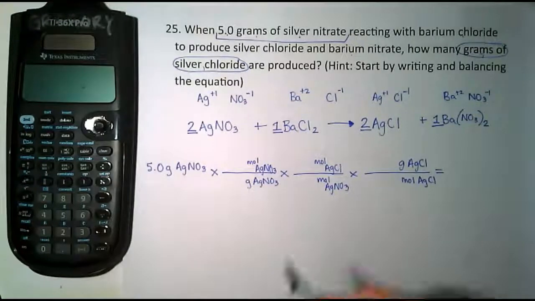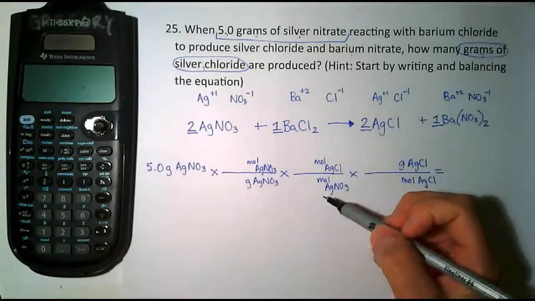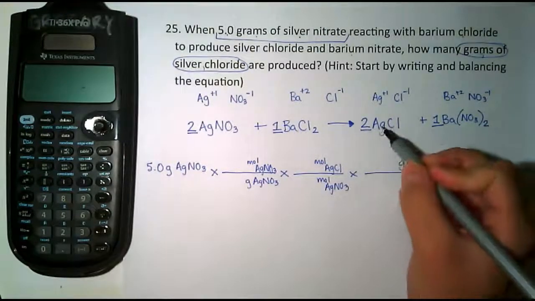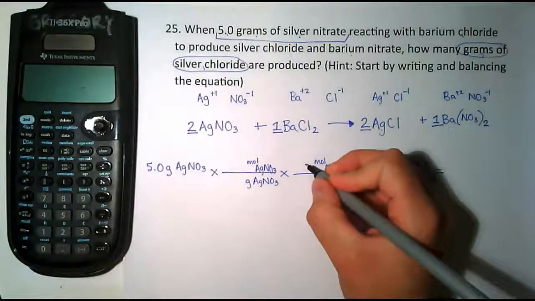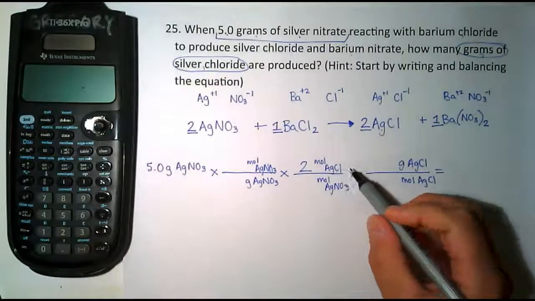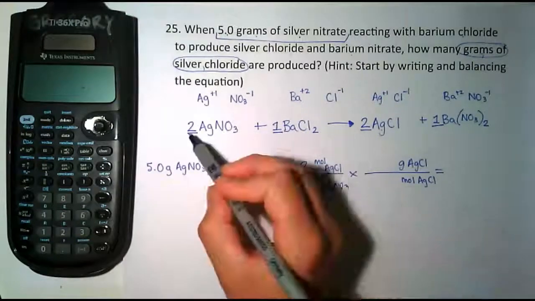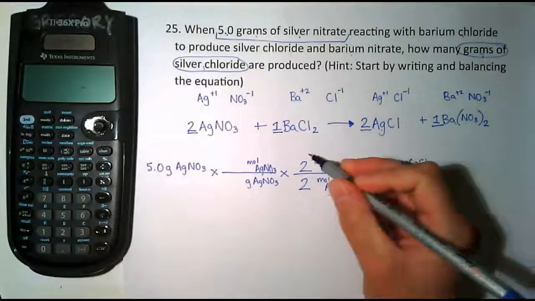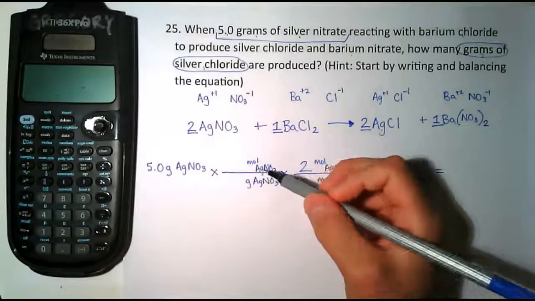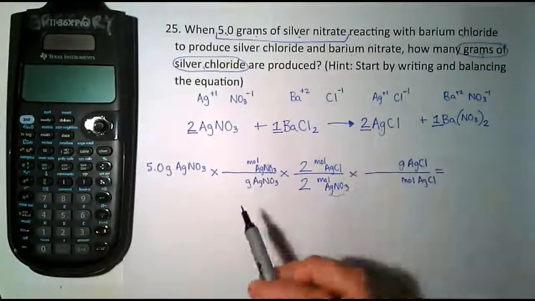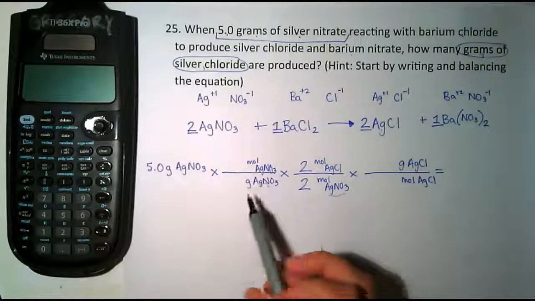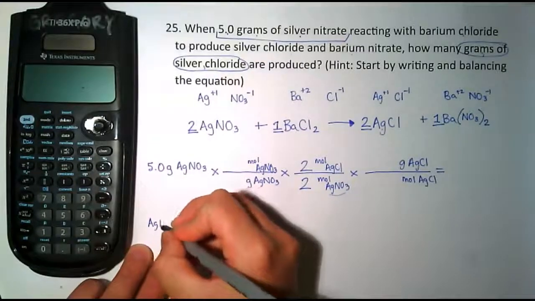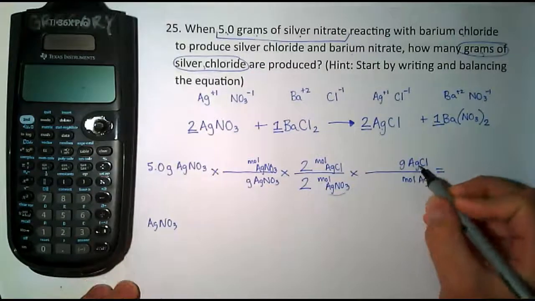So for our mole to mole conversion, all we need to do is look at our balanced equation. So we have 2 moles of silver chloride, so I'm going to put 2 moles of AgCl, and then I need to look at silver nitrate, and I have 2 moles of that as well. So 2 and 2 go there, and then to figure out how many grams are in 1 mole, we need to calculate the molar masses of silver nitrate, AgNO3, and also the molar mass of AgCl.